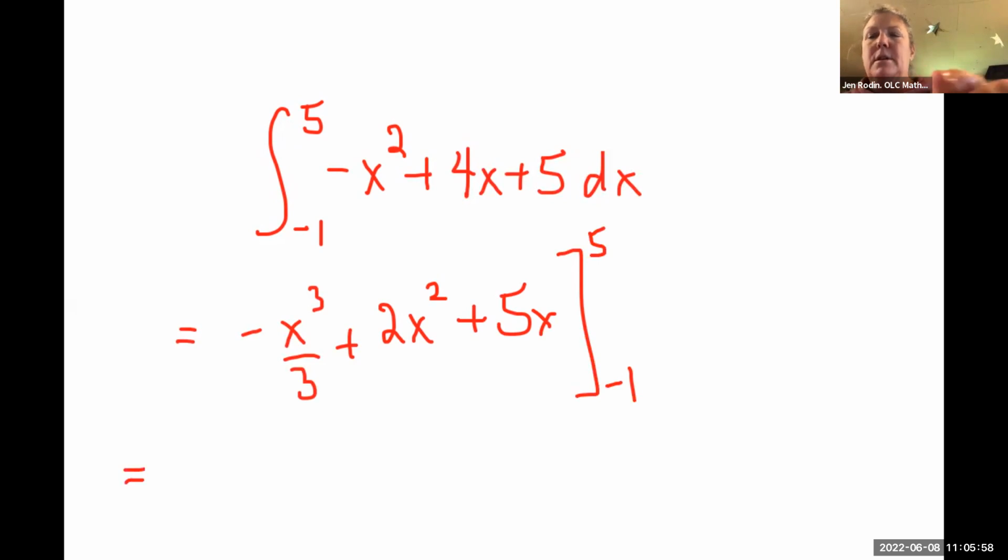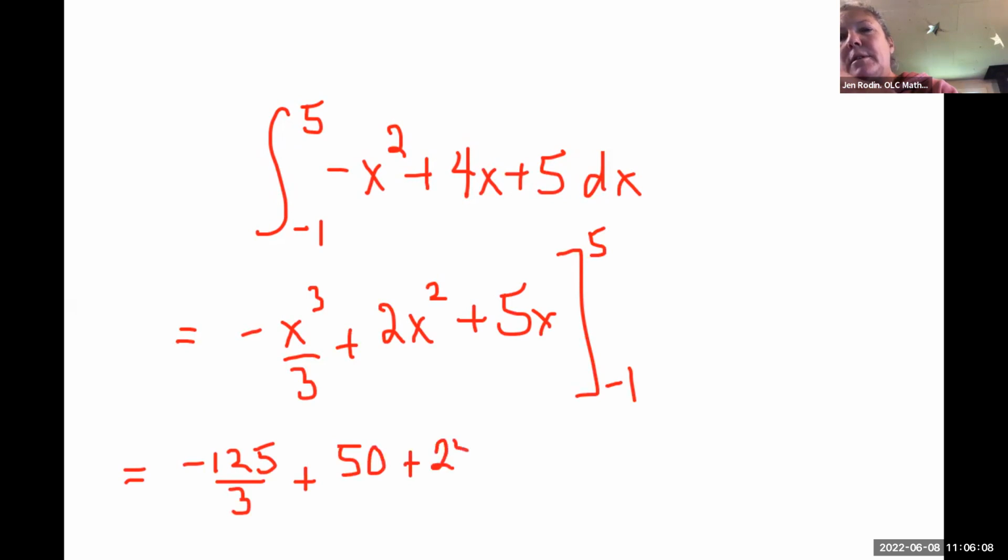5 to the third is 125. And then 25 times 2, 5 times 5, minus, then I always put this big bracket, -1, negative of -1 to the third is going to be positive 1/3. And then 2 times -1 squared is just 2, and 5 times -1.